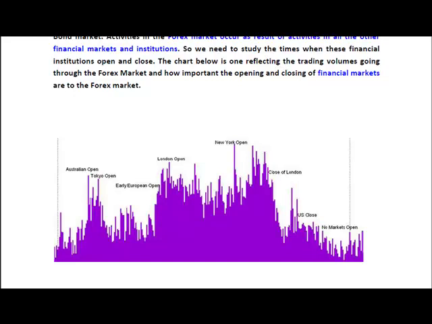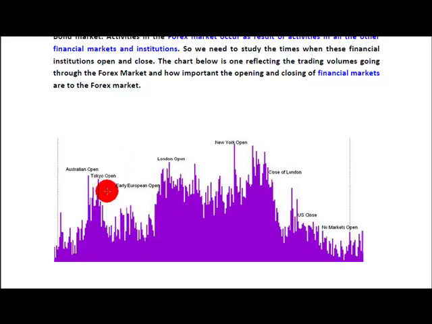Right, so let's have a look at this chart of the daily volumes that go through the Forex market. In it we can see that the day starts out pretty low. There's a deadish period between when the US closes and the Asian market opens. The Asian market opens with Australia and Tokyo being the major markets, and there are also some others like Hong Kong and Singapore.